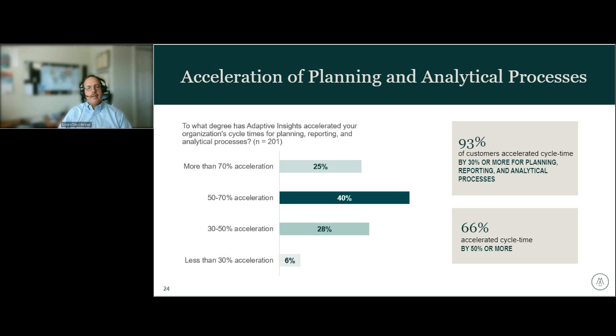In fact, 65% saw a significant acceleration of their planning process. And this is really what's driving that ability to be agile in your business, is that ability to see the results of your decision making, be able to redo your plans very, very quickly and reforecast and have that as a new target that everybody is working from.